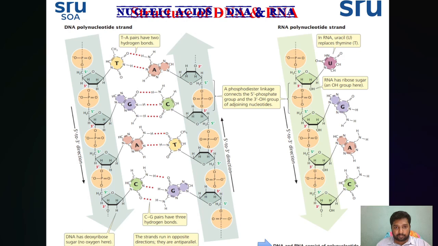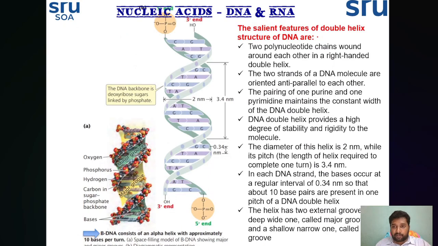The salient features of the double stranded helical structure of DNA we are going to discuss now. The DNA molecule consists of 2 polynucleotide chains wound around each other in a right hand double helix. The 2 strands of DNA are oriented anti-parallel to each other, that is, the 5 prime end of one strand is located with the 3 prime end of the other strand at the same end of a DNA molecule.